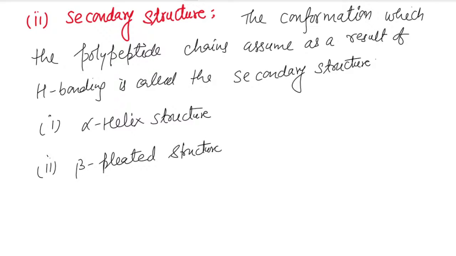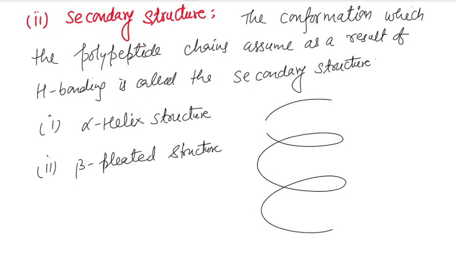Alpha helix is like this: CO of one and NH of the other will form hydrogen bonding, NH and CO will form hydrogen bonding. It is like this. In this way, alpha helix is stabilized.